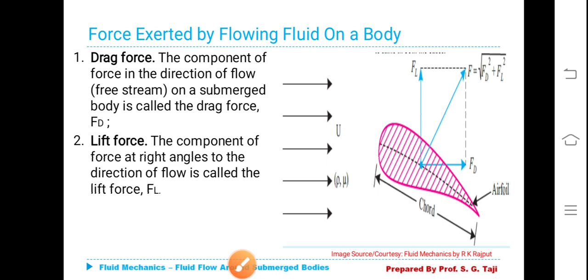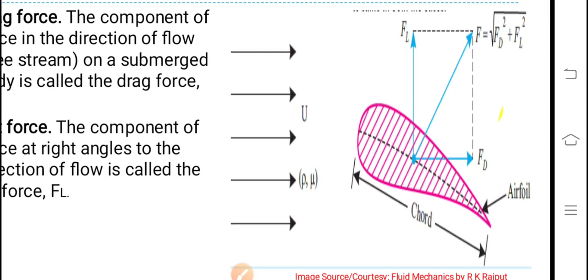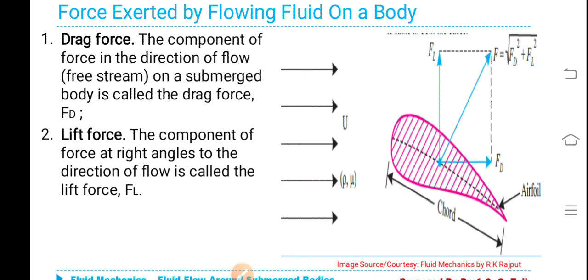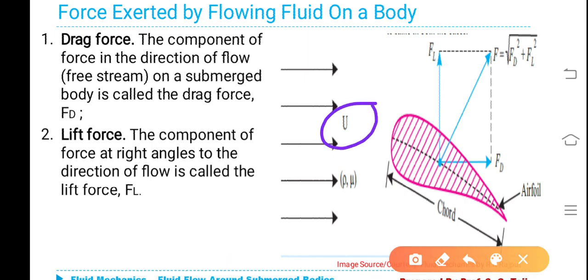You see the figure. It is an aircraft wing. There is a uniform velocity of fluid, u meters per second. Drag force: the component of force in the direction of flow on a submerged body is called the drag force.